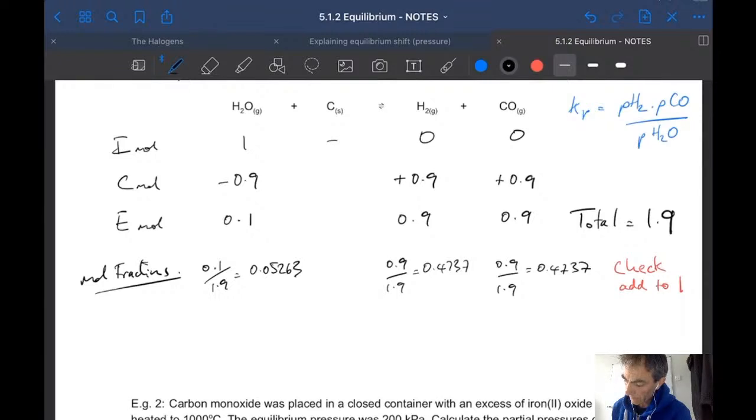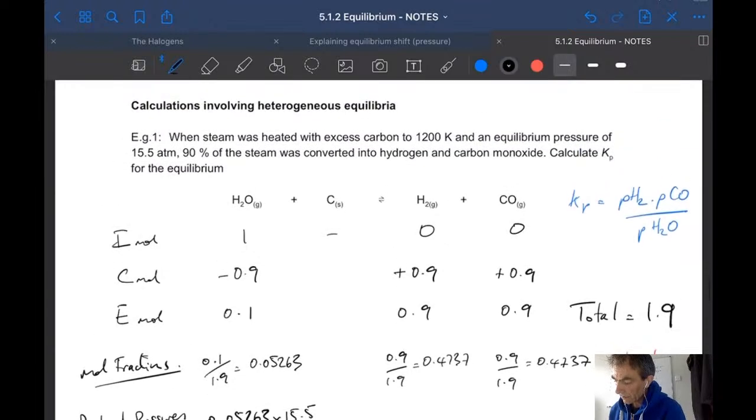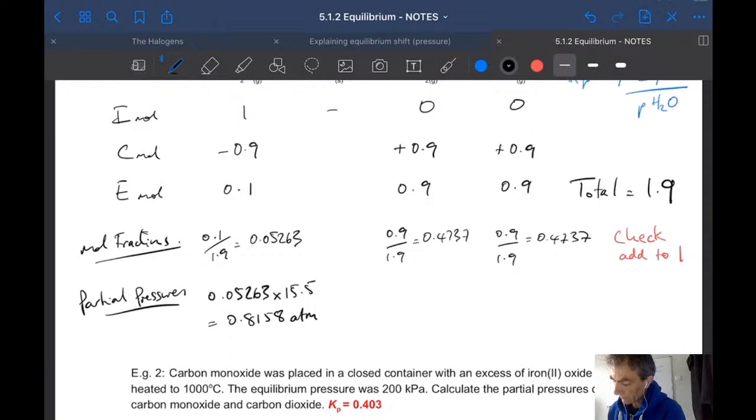Partial pressures. Remember, that is the mole fraction multiplied by the total pressure. Total pressure is 15.5 atmospheres. So that is 0.05263 times 15.5, which comes out at 0.8158 atm. Should really put the units in.